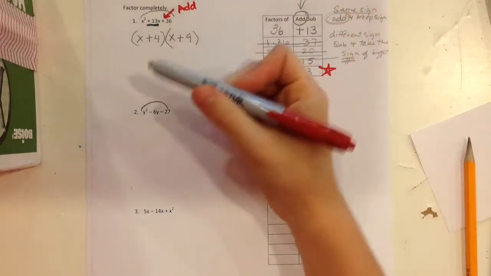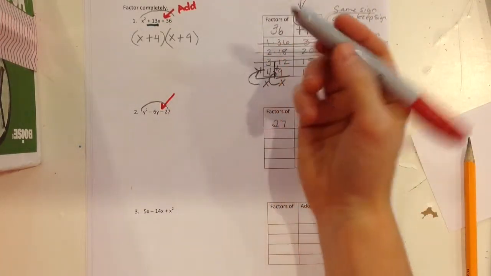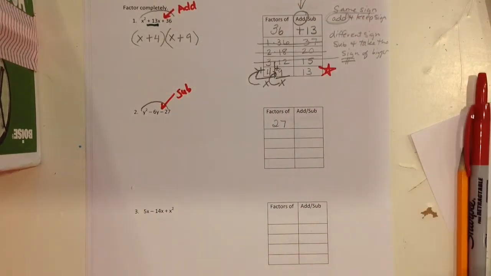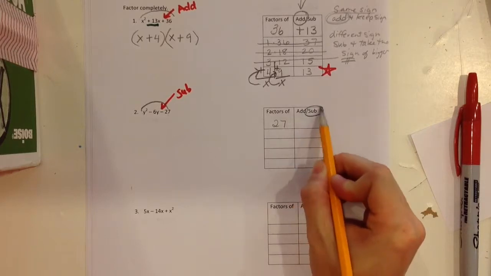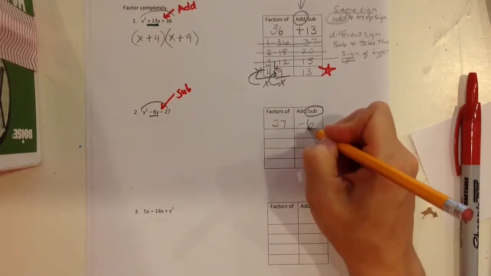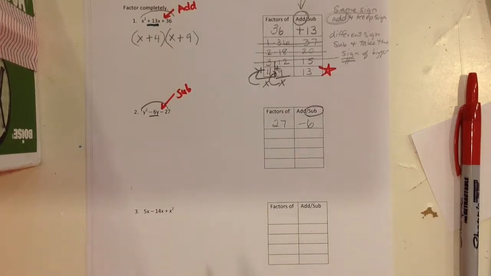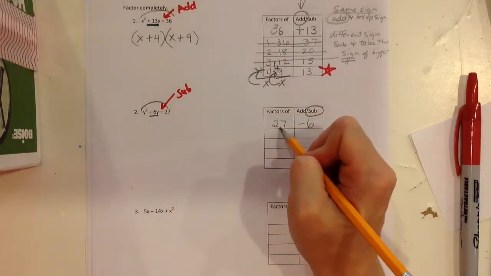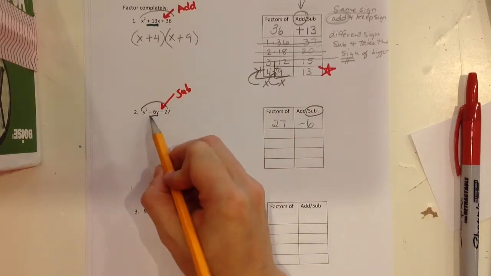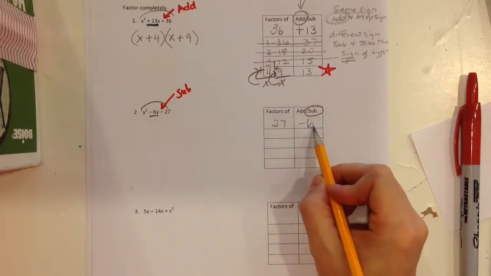And remember, this tells you whether you're adding or subtracting. And since it's a minus, I am subtracting. So I want to subtract to give me a -6. Okay? The factors of 27 that subtract to give me that middle number, -6.